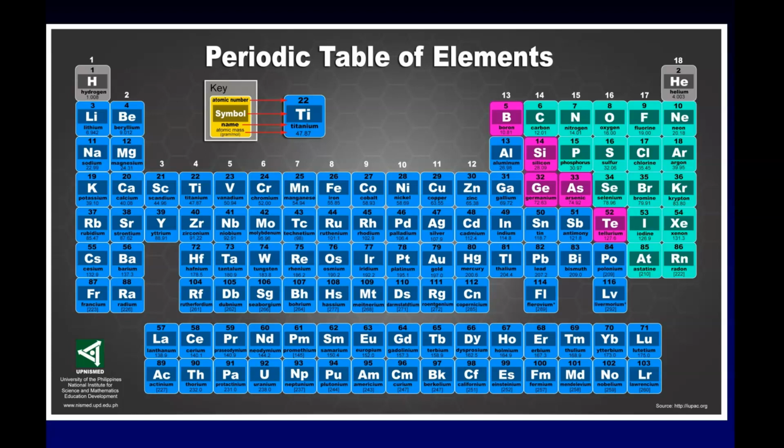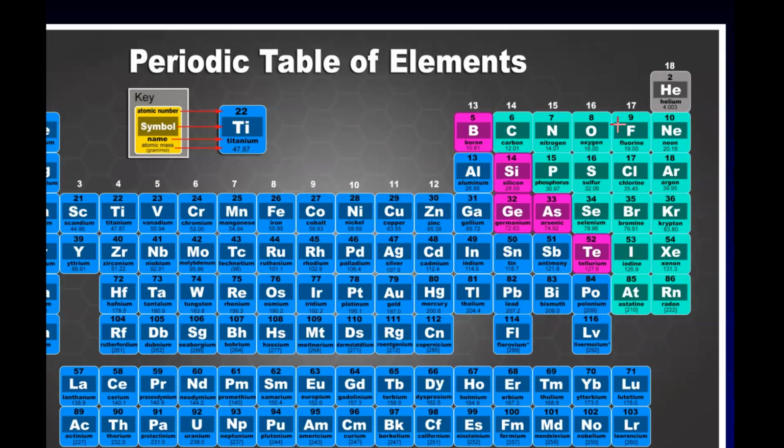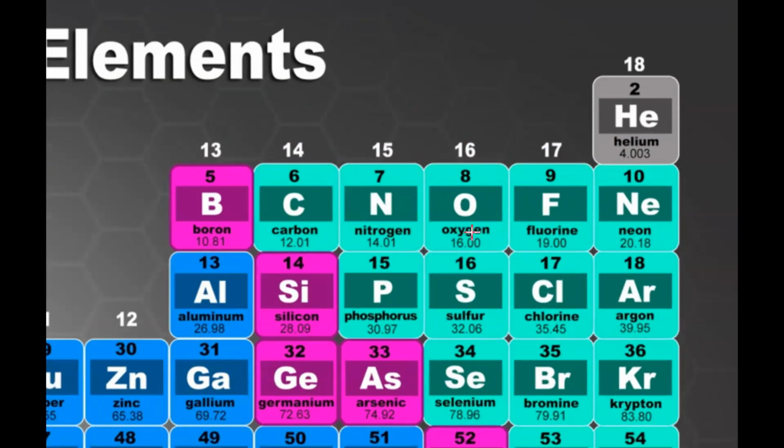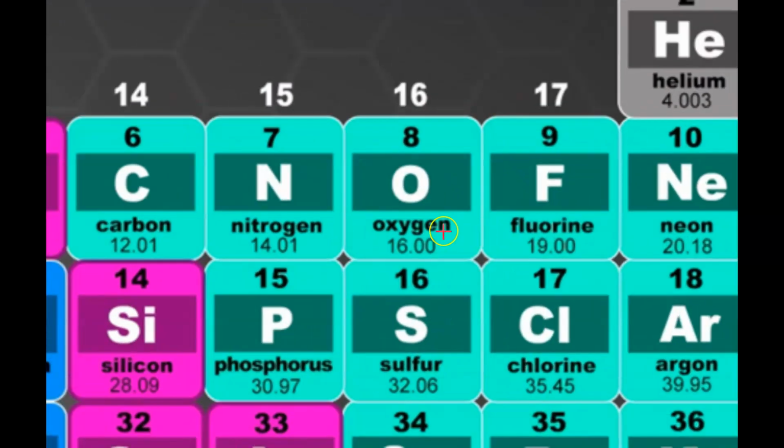Well, we may find something like oxygen. Oxygen is right there, so let me zoom it in so we can see oxygen better. So oxygen, which is element number 8, has an atomic mass 16, right? But in real life, it's probably not 16. So in my periodic table, I have only two decimal places after this decimal point, right?